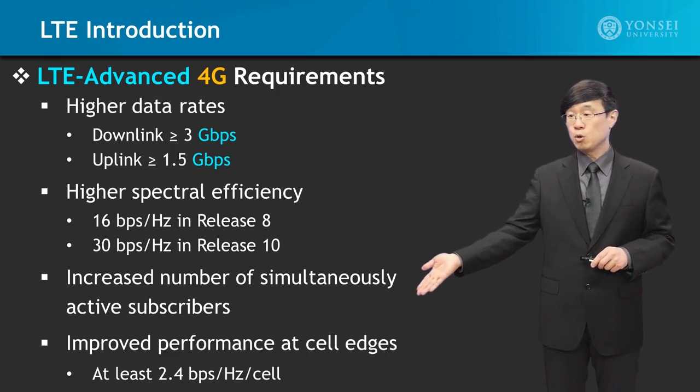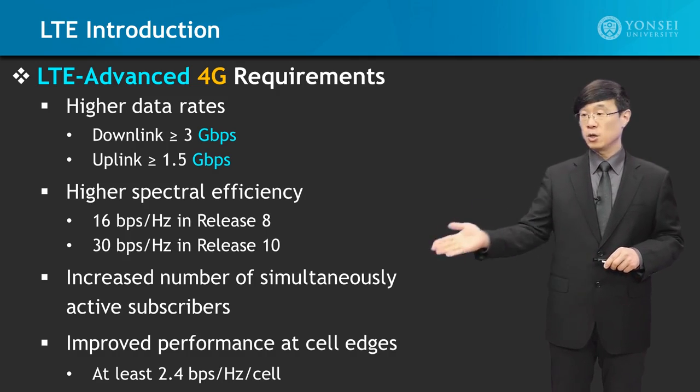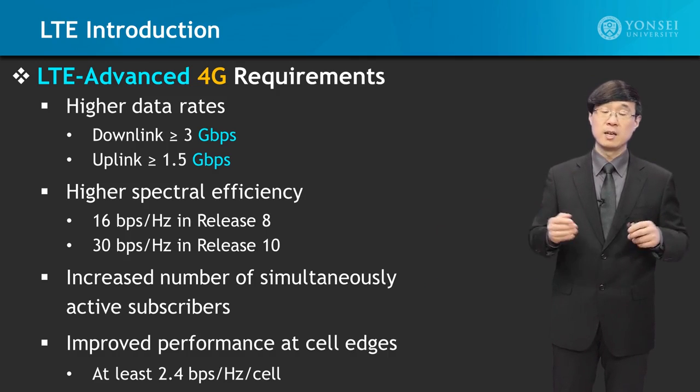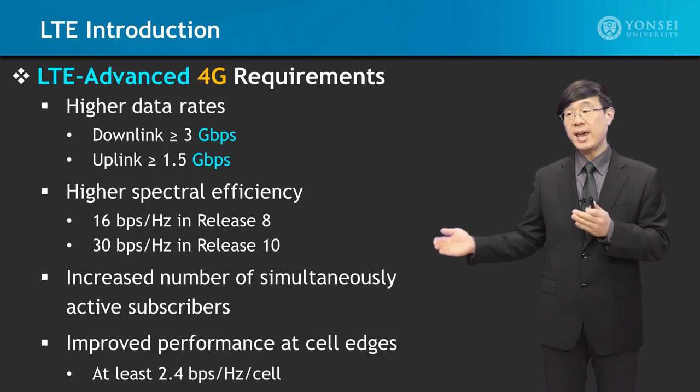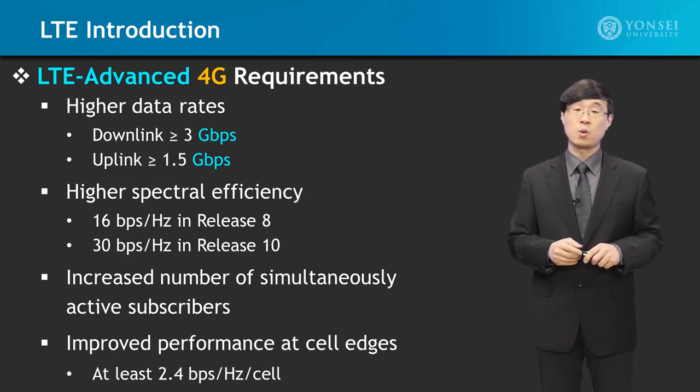In addition, improved performance at cell edges, at least 2.4 bits per second per hertz per cell. So this shows another specification that is a very important improvement. This is because at the cell edge is where the signal is the weakest. That's where handover is required.